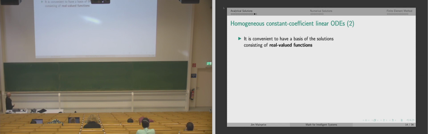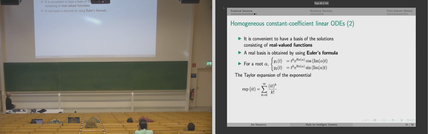So it is convenient to have a basis of the solution which are real valued functions and not complex valued functions. So how do we do that? We use the Euler formula.